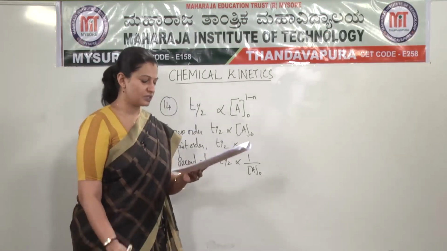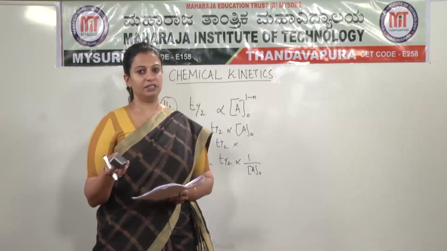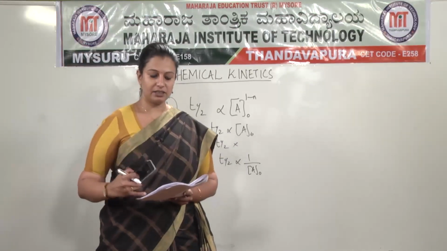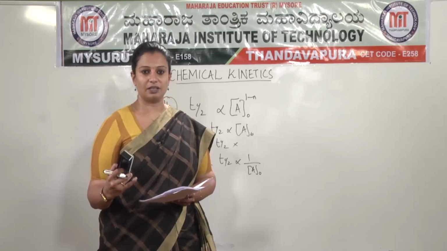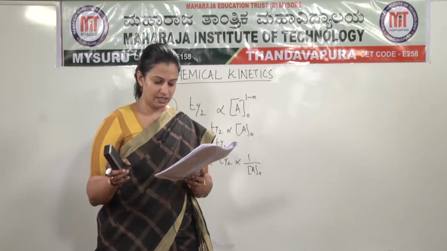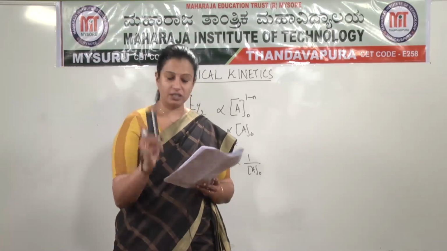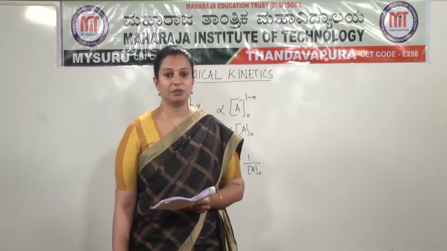Half-life period of a first order reaction is 15 minutes. How much reaction will be completed in 30 minutes? This is like the reverse of question number 12, right? So have a look at question number 15. One half-life period is 15 minutes and they have given you 30 minutes, and asked how much of the reaction will be completed.